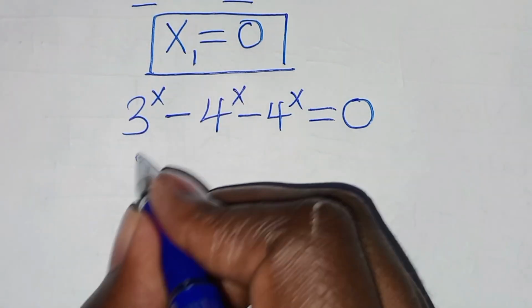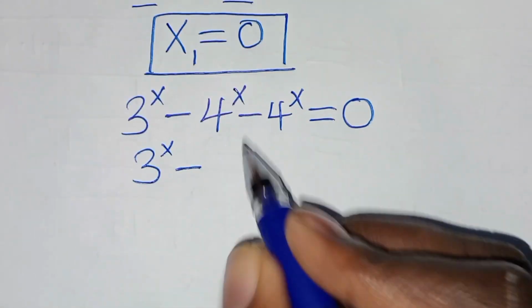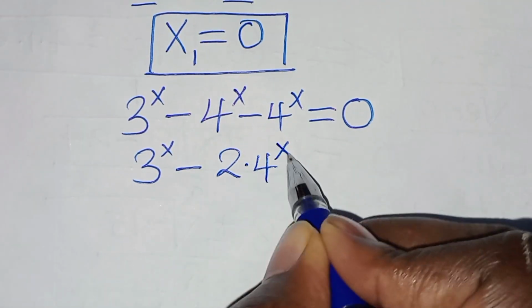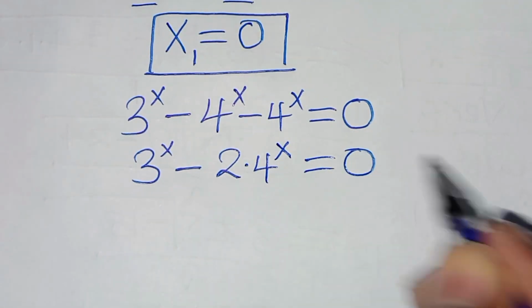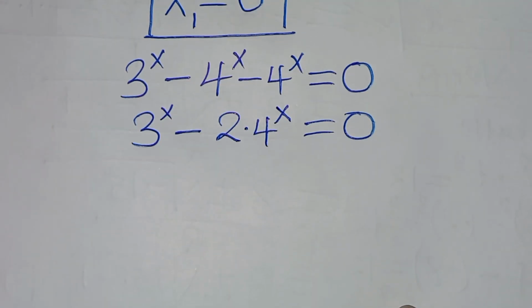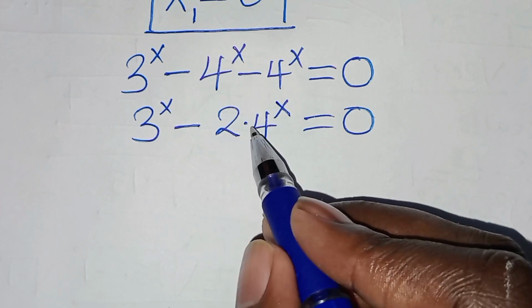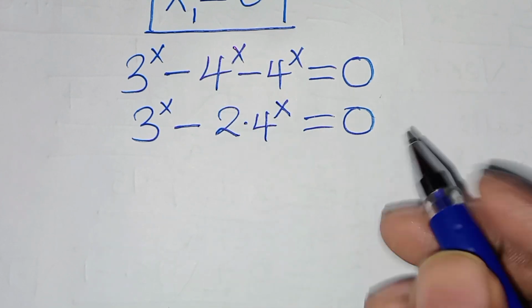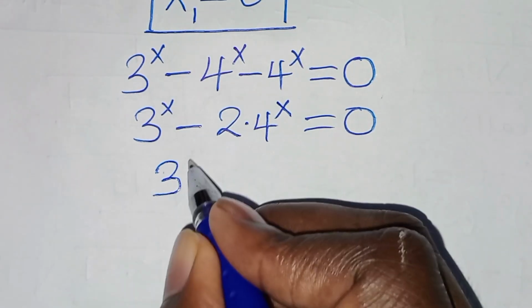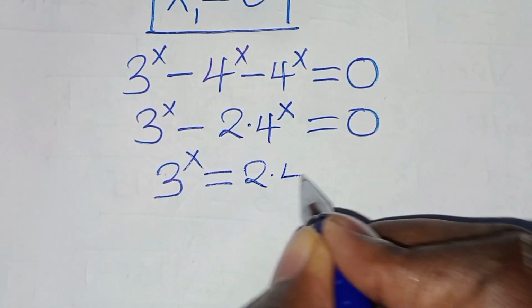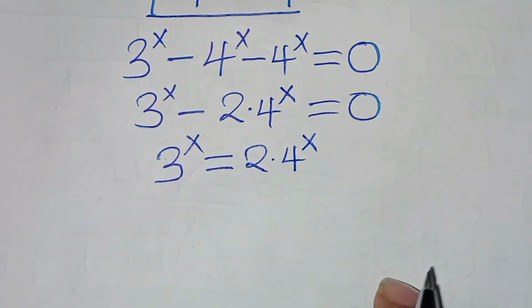So here we have 3 to the power x minus 2 times 4 to the power x, equal to 0. Now, from here, let's take minus 2 times 4 to the power x to the right hand side. So here we have 3 to the power x equal to 2 times 4 to the power x.